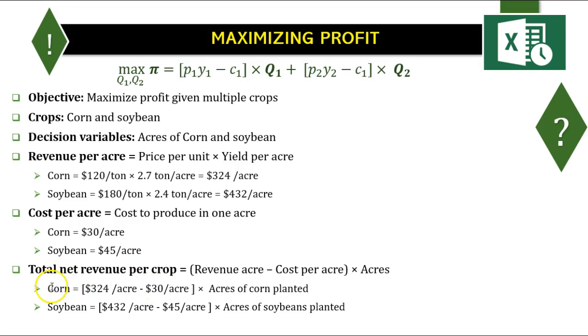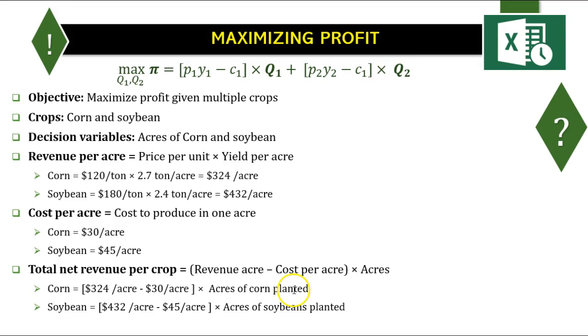For the case of corn it is 324 minus 30. For the case of soybeans it is 432 minus 45. In both cases, we will obtain dollars per acre times acre.